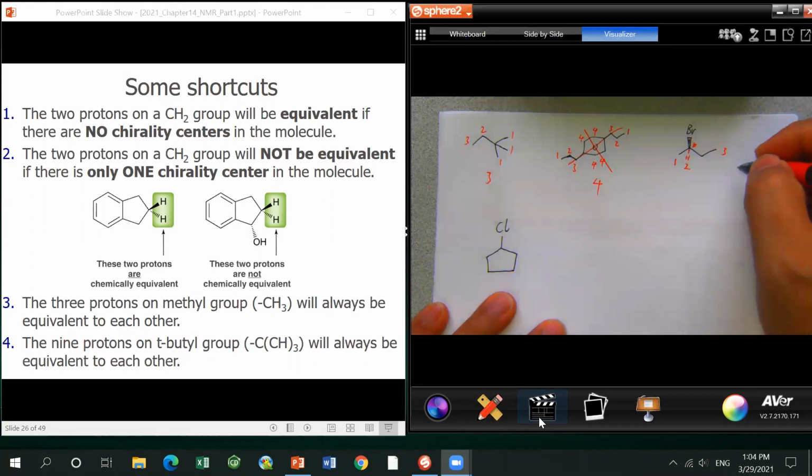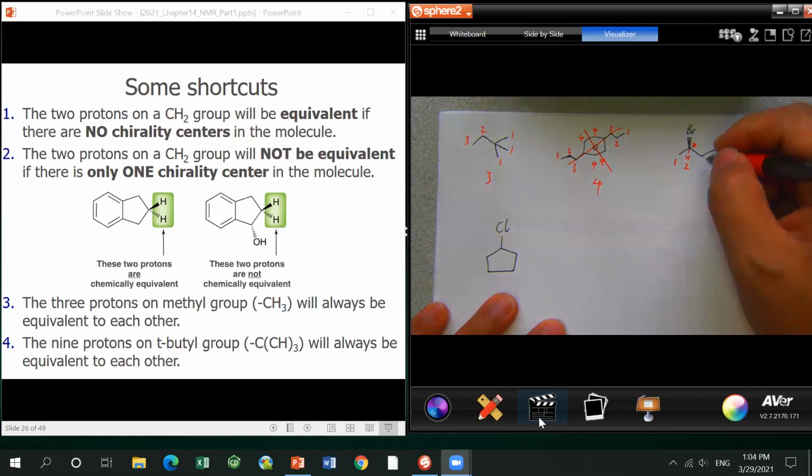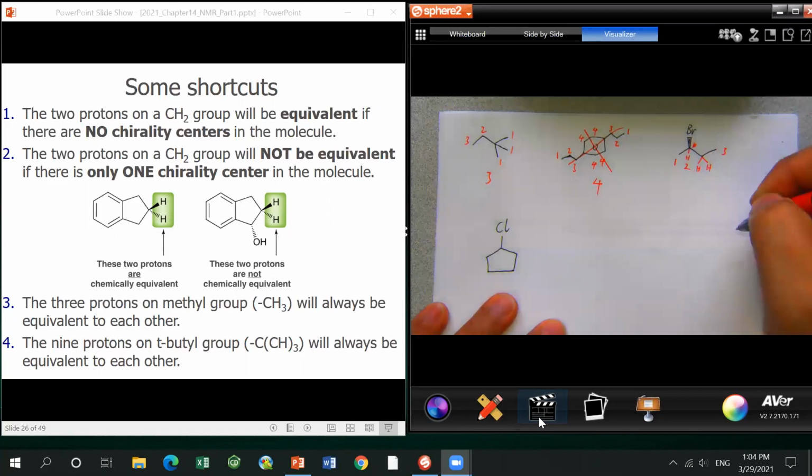Those three are easy to identify, but the most important are these two hydrogens of the CH2, as I already showed you. If there's no chiral center, the two CH2 hydrogens have the same chemical shift. But if there's a chiral center, these two won't be the same.